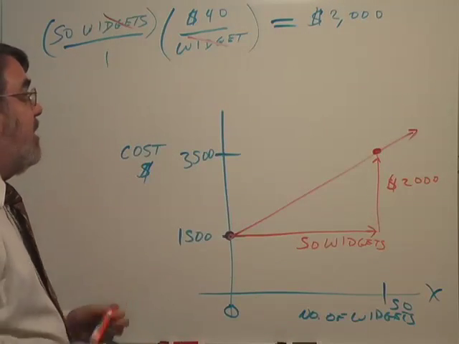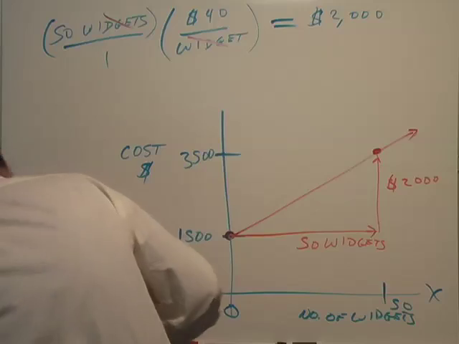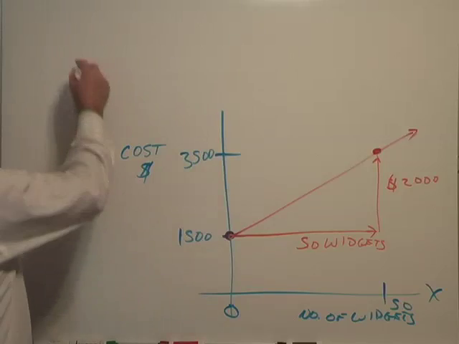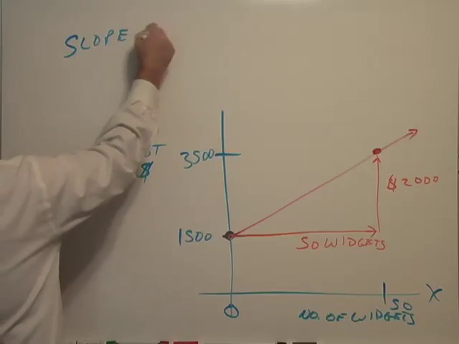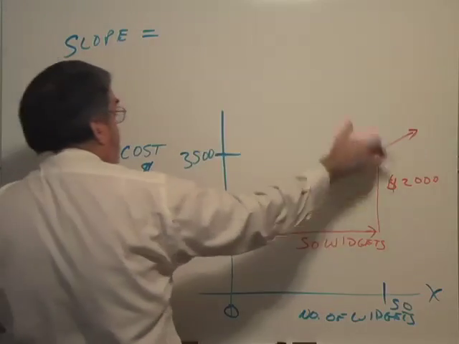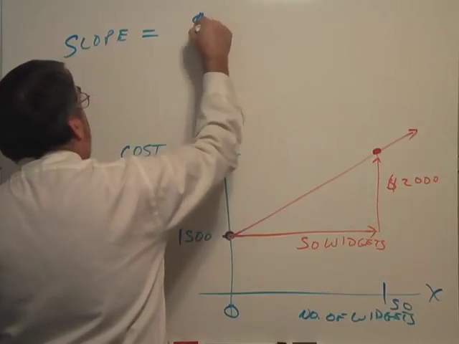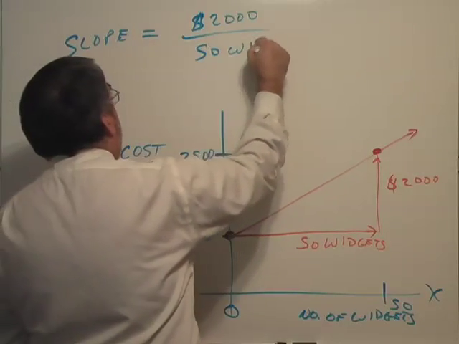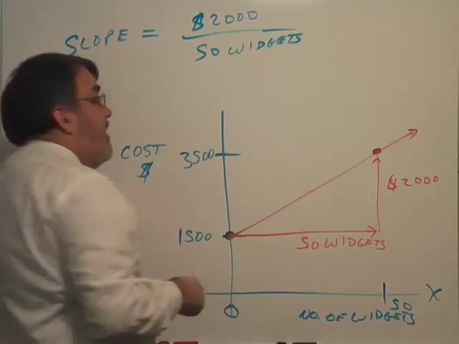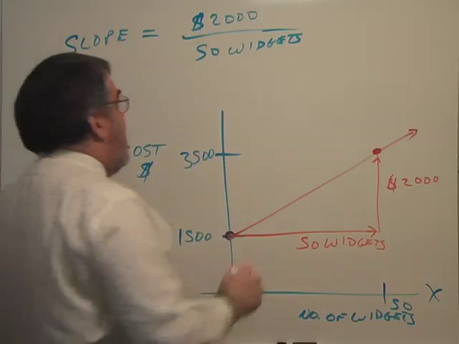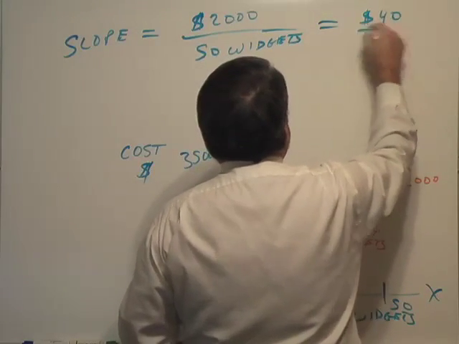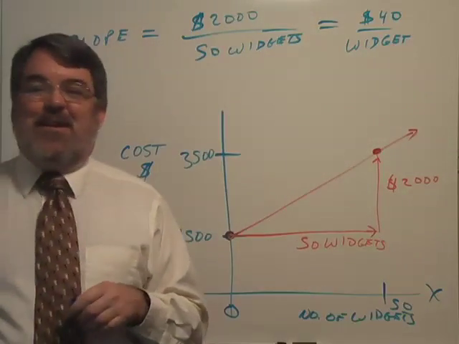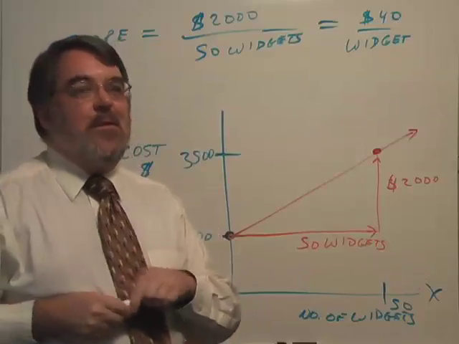So according to the way we calculate slope, the slope of this line is going to be the vertical change, which is a positive 2,000, divided by the horizontal change, 50 widgets. And if you simplify that, divide 50 into 2,000, guess what? You get $40 per widget, which was the unit cost. So the unit cost was a slope value, $40 per widget.